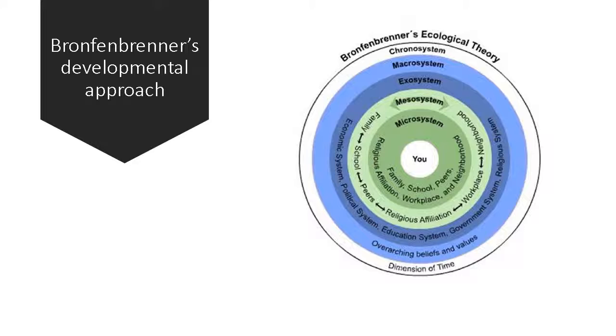He emphasized that the developing individual and all the other systems are connected to one another, and therefore they influence one another. This theory gives a good framework by which to understand ecological influences, not just on developing individuals, but also on other units of focus. It has, for example, been used to understand what happens in schools, in classes, also in companies, where the company could be the developing individual.